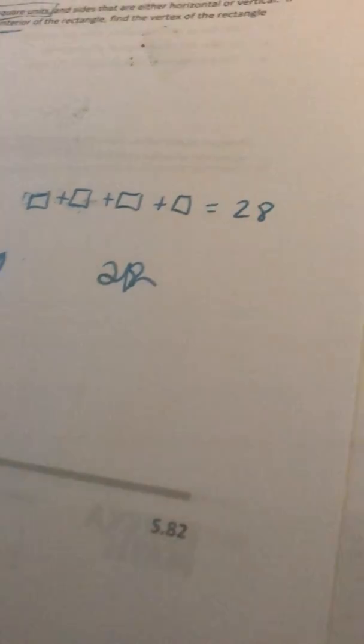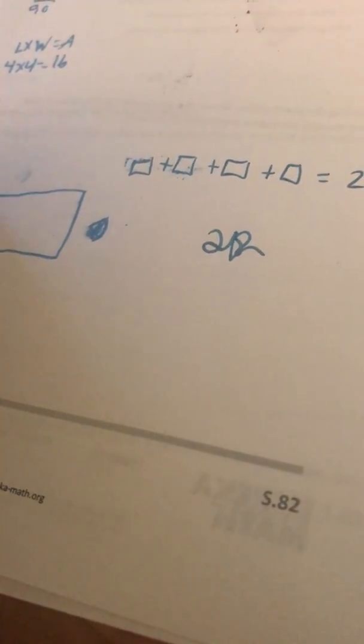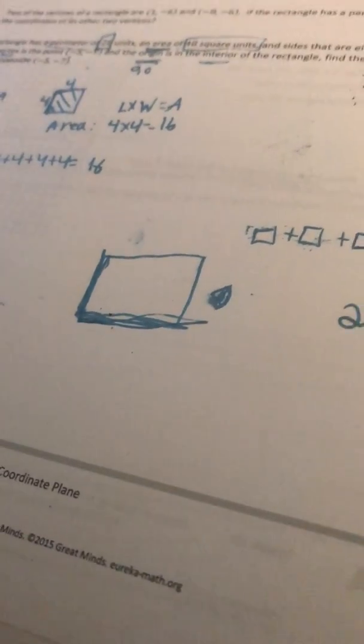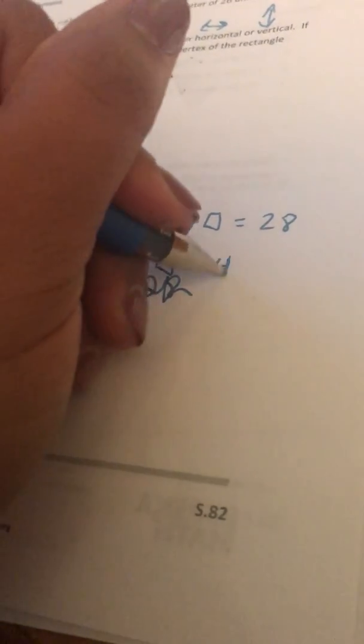We know something plus something plus something plus something equals 28. We also know that one side times another side is going to be 48. So the base times the width is going to be 48. So we know something times something equals 48.